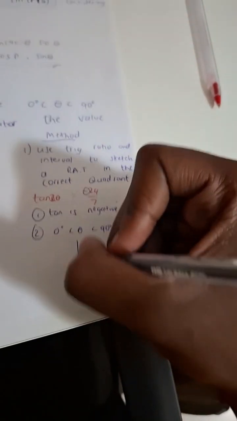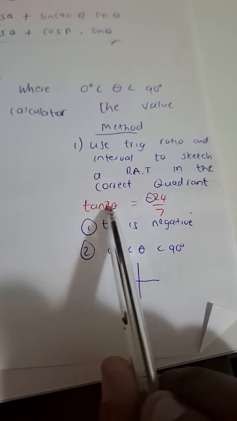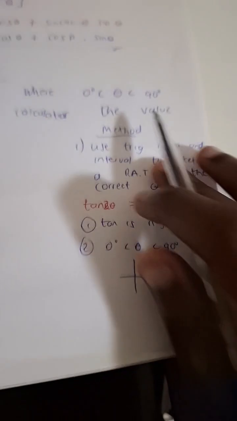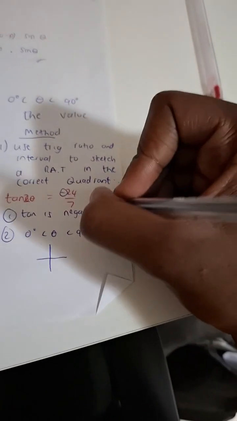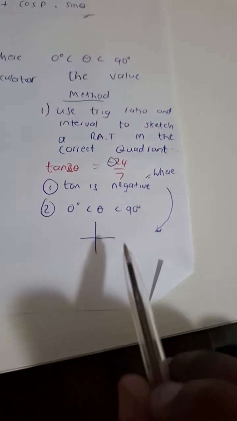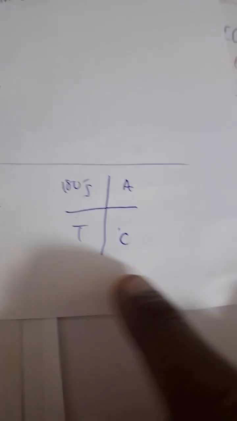Now, there are two things you need to do from this information. From the trig ratio itself, you are told that tan is negative. You need to ask yourself, where is tan negative? So in our Cartesian plane, you guys should know this, ASTC.